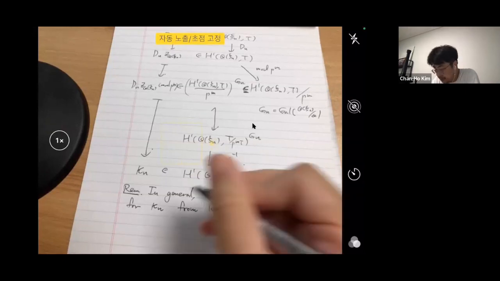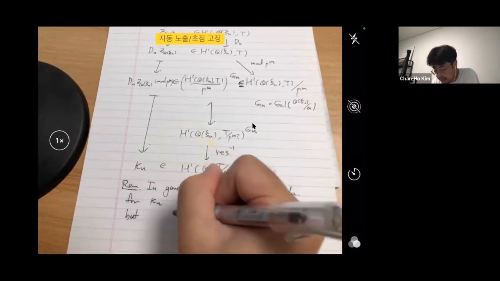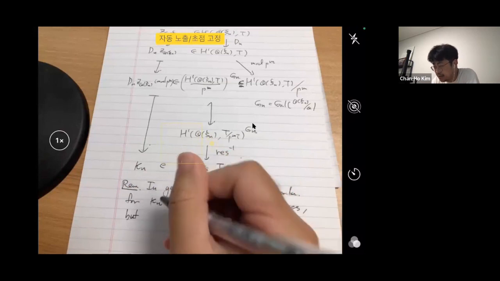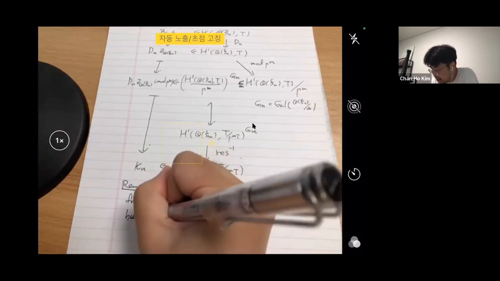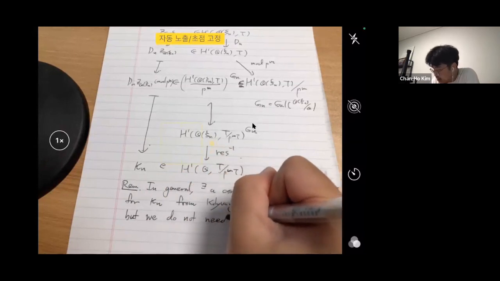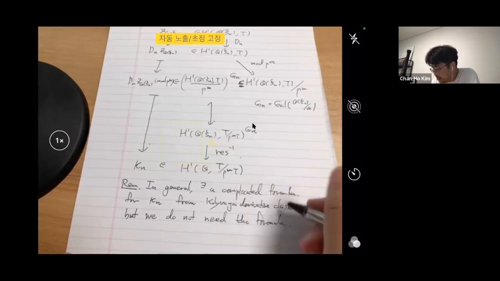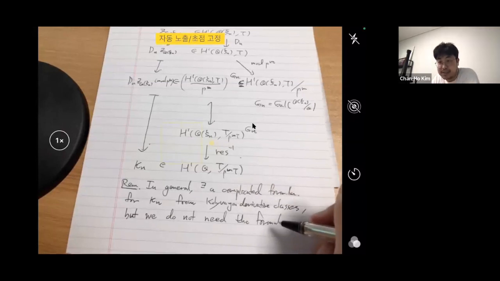But we do not need it for Kato's Kolyvagin system, and also the Heegner point Kolyvagin system, we don't need the formula.